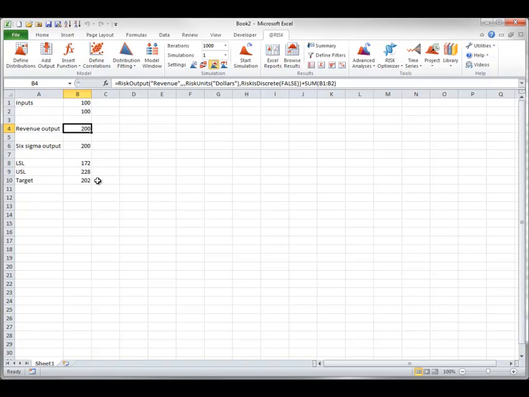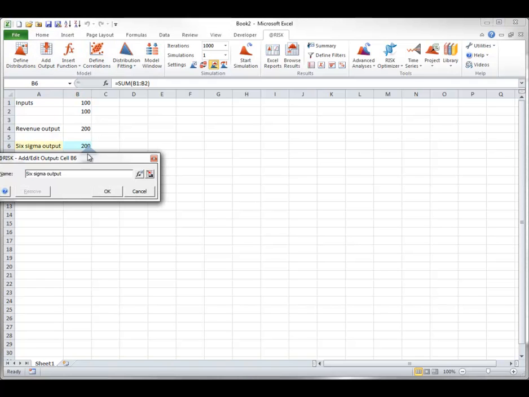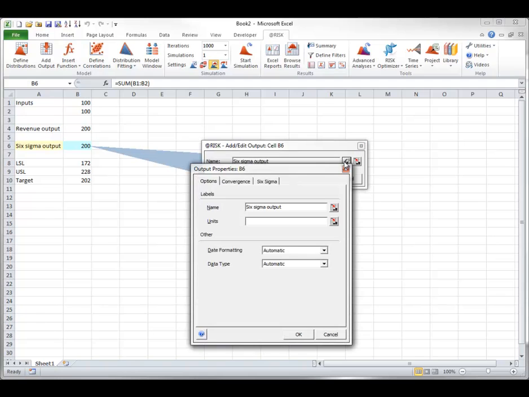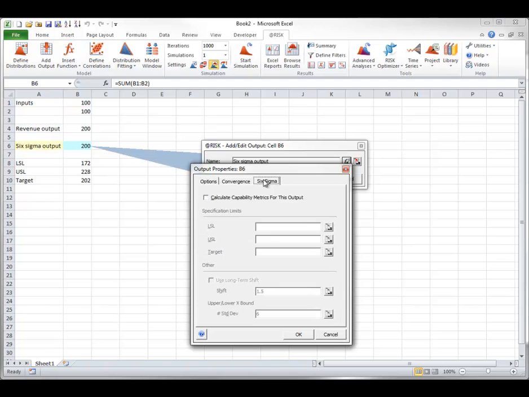Then when you add the output and click the FX button, you can give it a name and units, and you can click the Six Sigma tab and fill out the resulting dialog box as shown.